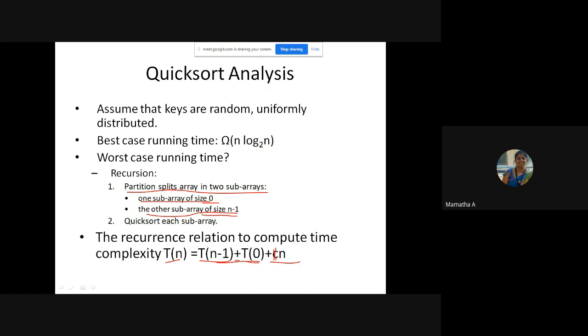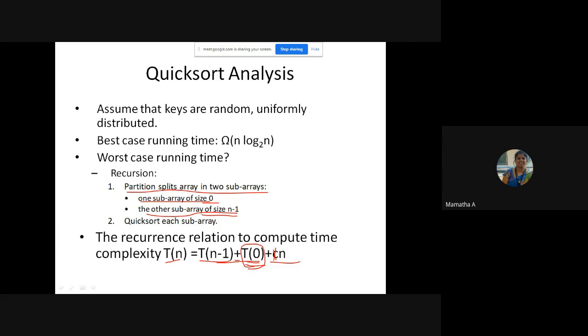T of 0 indicates what? Students, time taken to sort which array? The second half, the second array. No, no, no. Whatever is the case, what does T of 0 indicate?